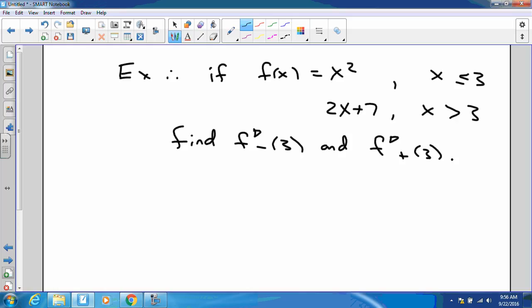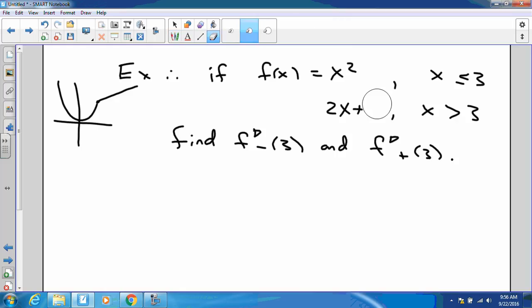Notice here that I've got a piecewise function, which is always a potential sign of trouble. And if I sketch this either mentally or on paper, what I find is that f is in fact continuous at x equals 3.